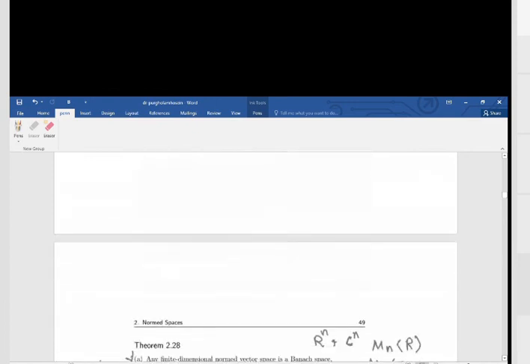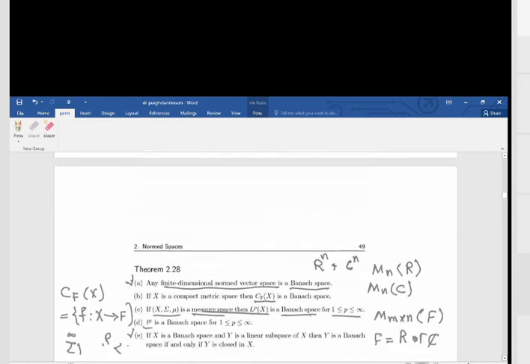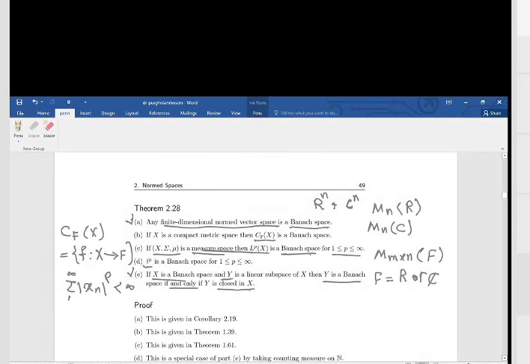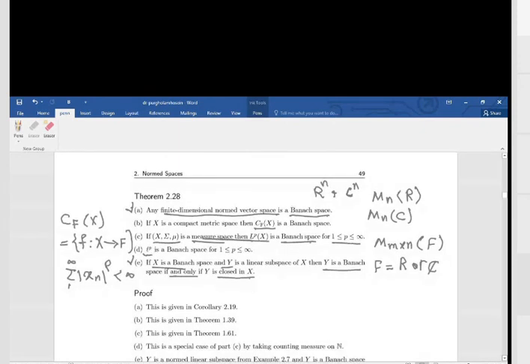So a Banach space is a complete normed space. We said that any finite dimensional vector space is complete under any norm. So any finite dimensional normed space is a Banach space.